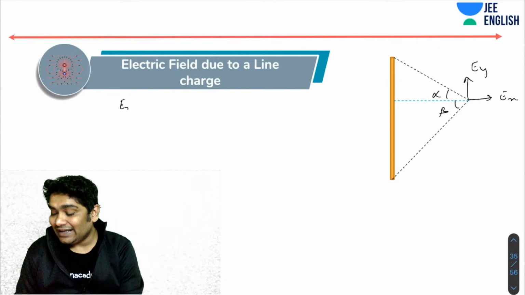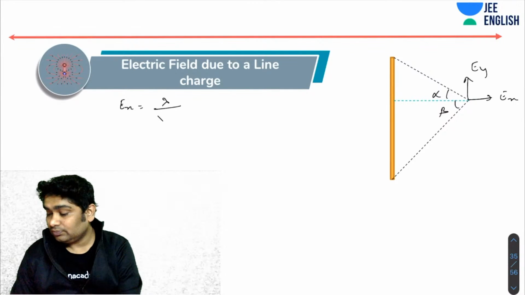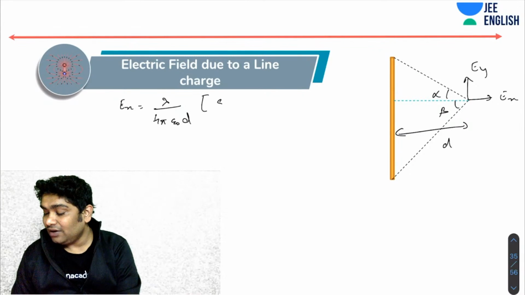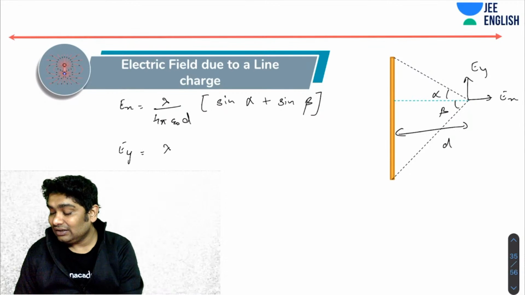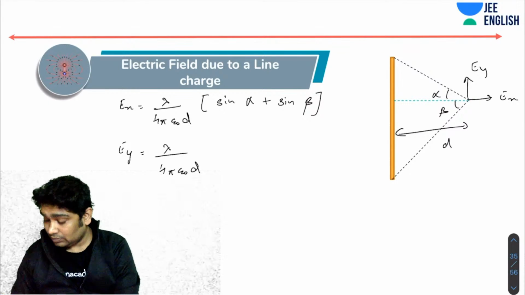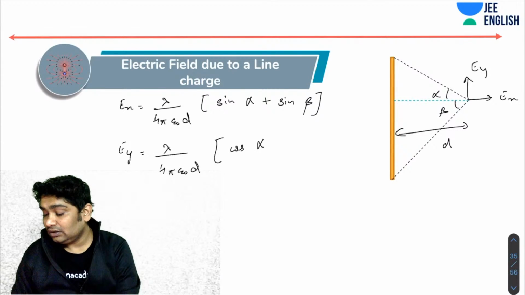In this case, EX is going to be lambda over 4 pi epsilon naught d, where d is this perpendicular distance, times sine of alpha plus sine of beta, and EY is going to be lambda over 4 pi epsilon naught d times cos of alpha minus cos of beta.